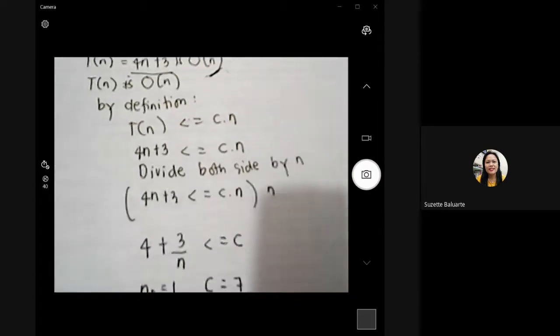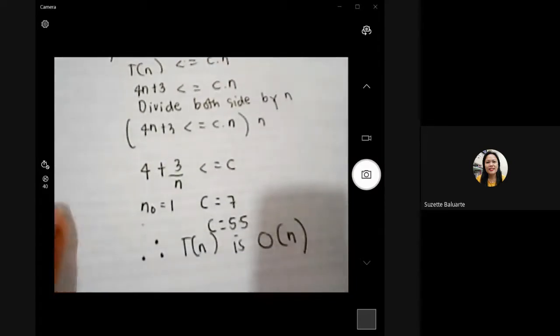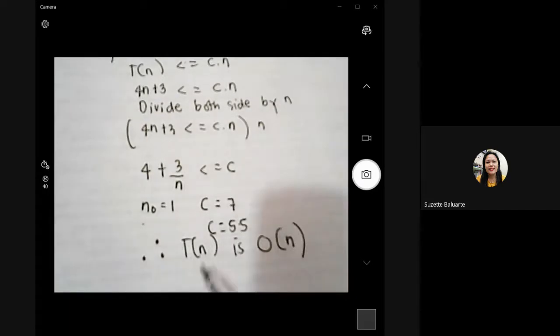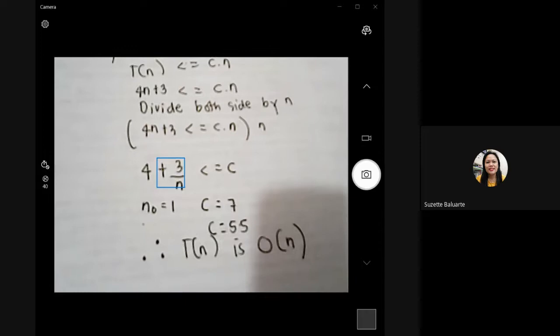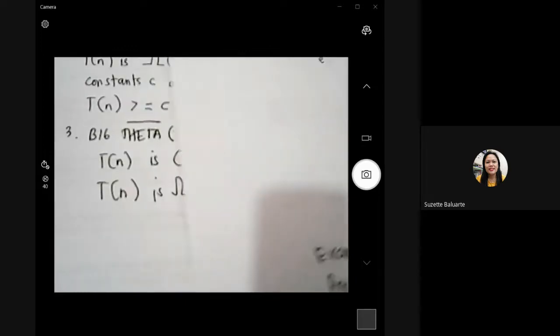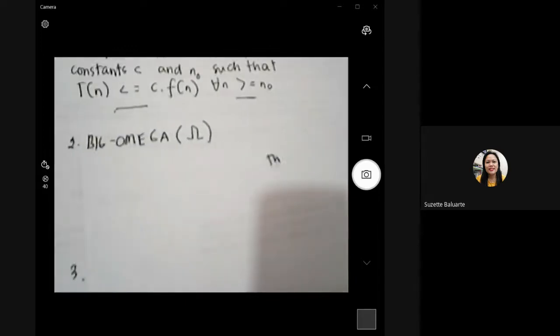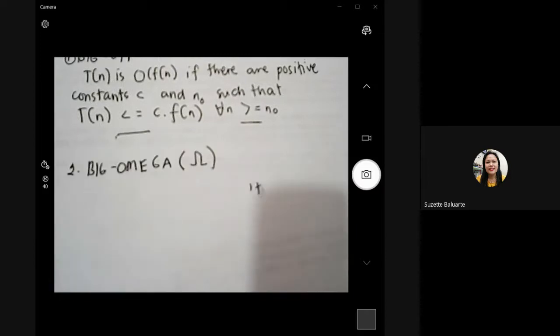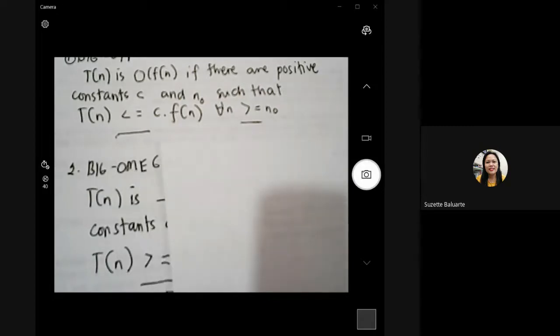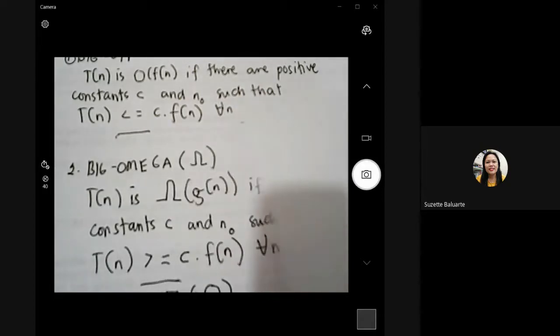Okay, understood. Let me go back to the definition. We can find the constants c and n sub 0 such that T of n is less than or equal to c times f of n for all n greater than or equal to n sub 0.